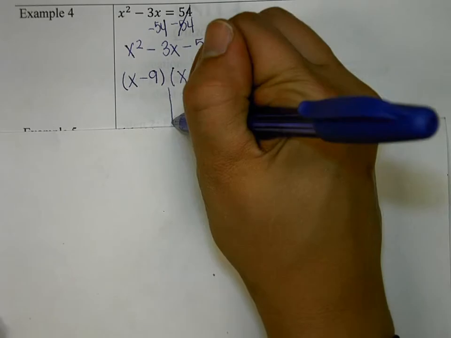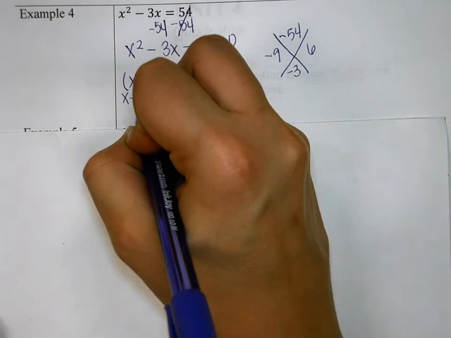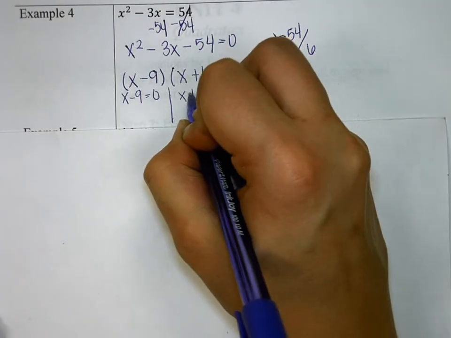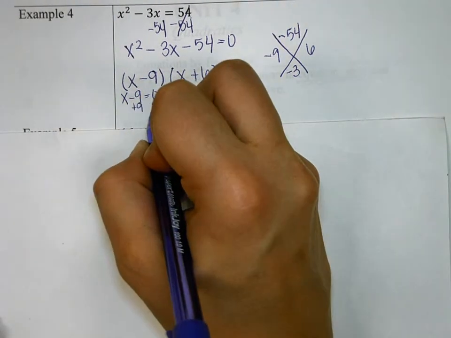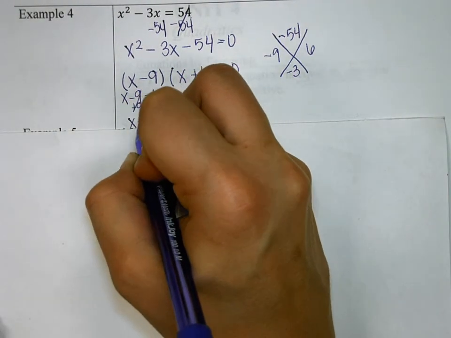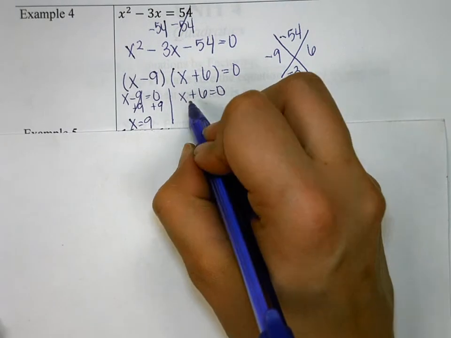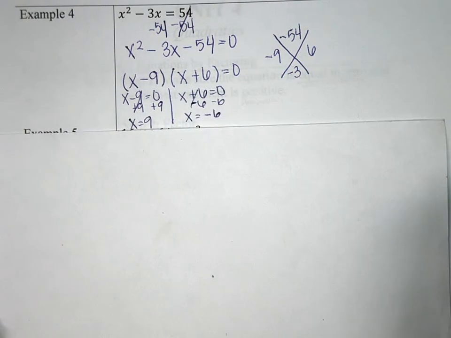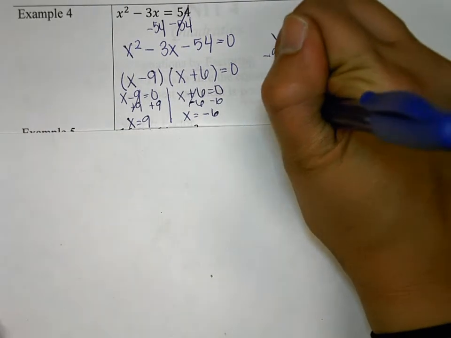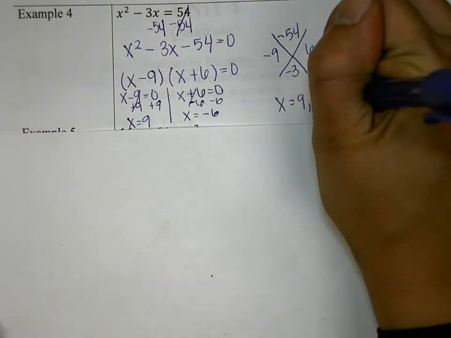So then we take each of our factors and set them both equal to 0 and solve. So I add 9 to both sides and I get x equals 9. I subtract 6 from both sides and I get x equals negative 6. So my two answers here are x equals 9 and negative 6.